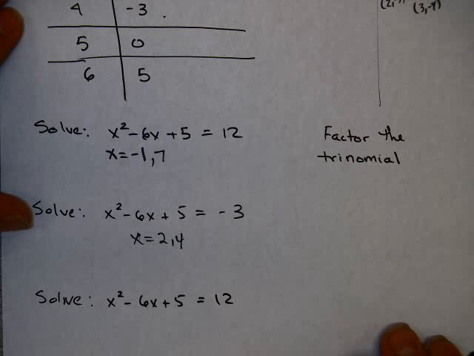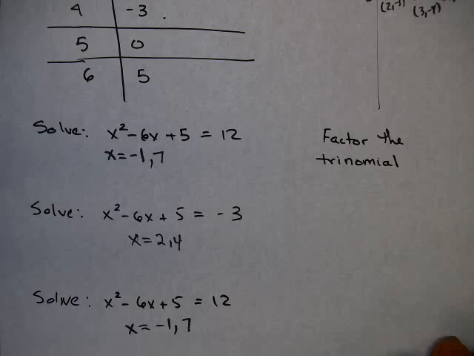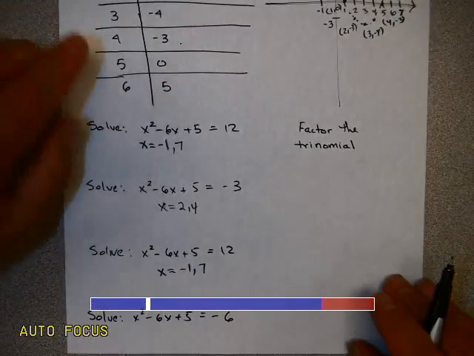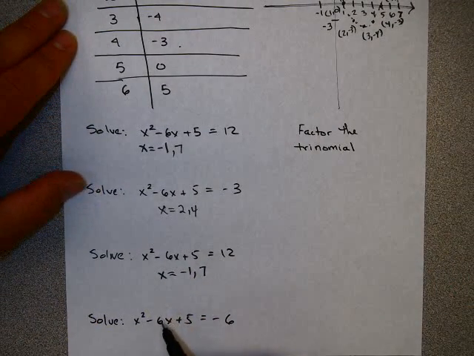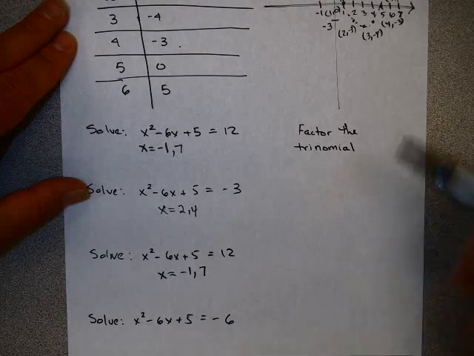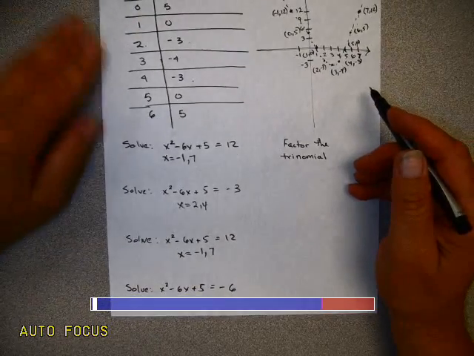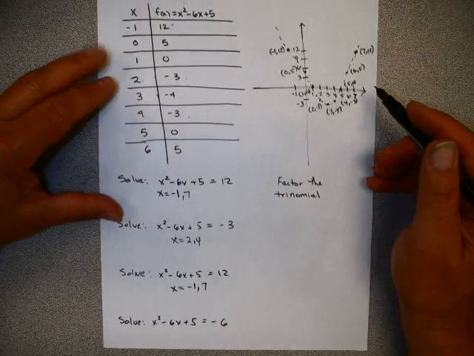How about x squared minus 6x plus 5 equals 12? Oh, I've already done that one, so I'll just write it down again. Here's an interesting problem. We'll zoom out a little. x squared minus 6x plus 5 equals negative 6.